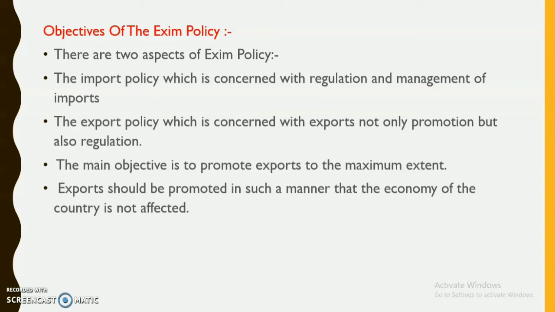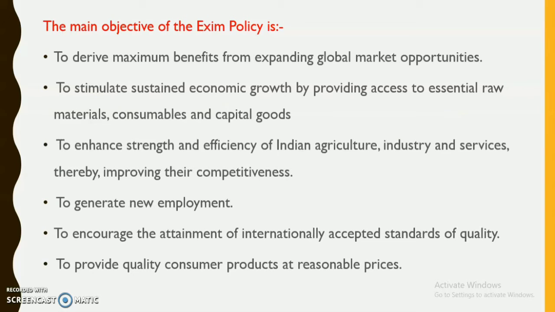The main objective is to promote exports to the maximum extent, so that the economy of the country is not affected. And to derive maximum benefits from expanding global market opportunities, to stimulate sustained economic growth by providing access to essential raw materials, consumables and capital goods, and also to enhance the strength and efficiency of Indian agriculture, industry and services, thereby improving their competitiveness.